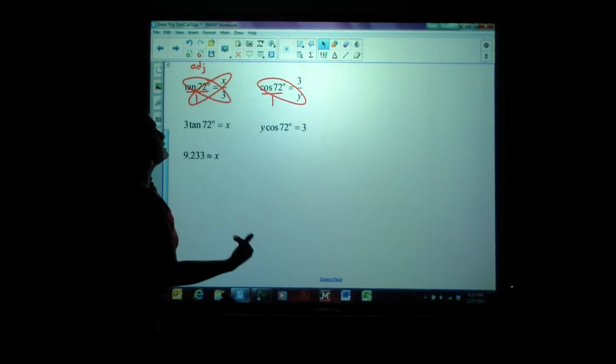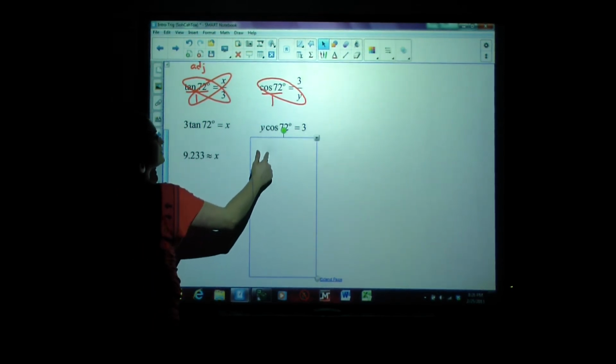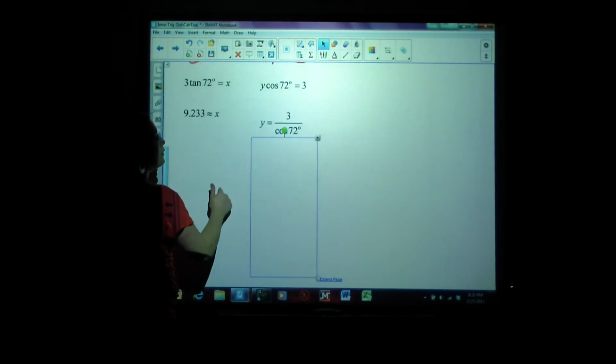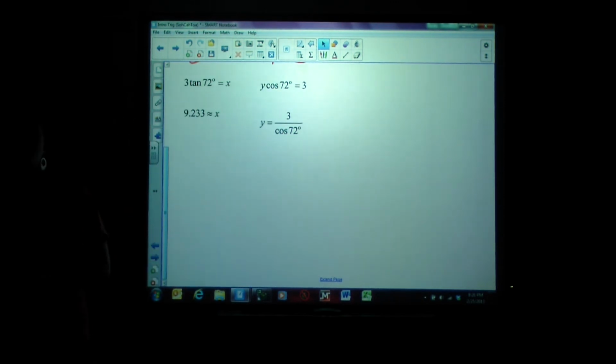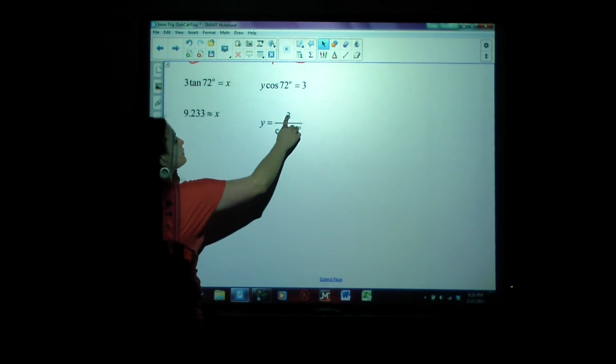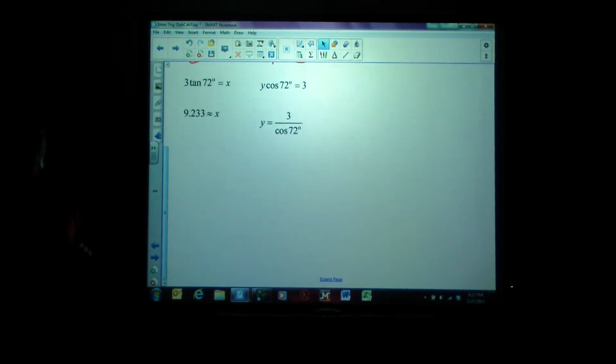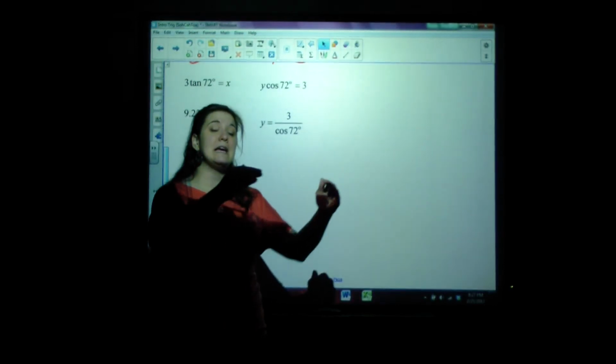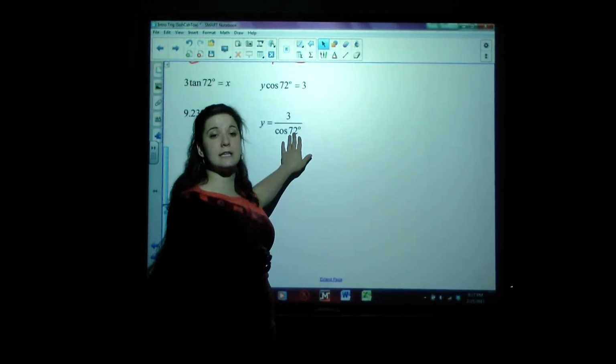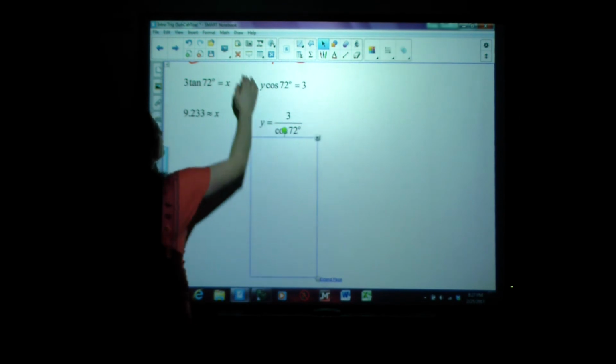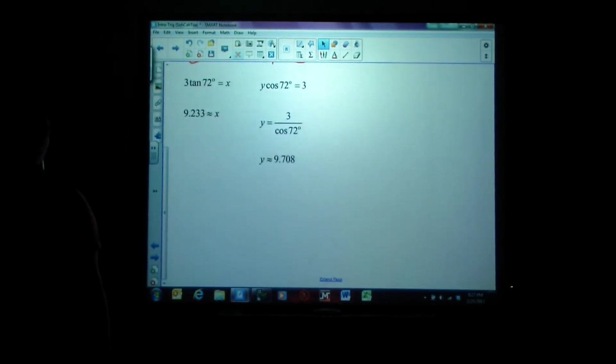To undo that, we need to divide both sides by the cosine of 72, which is going to end up with us being left with the equation y equals 3 over the cosine of 72. Now we have y by itself, and we have all this numerical stuff on the right-hand side. We get to just type this in our calculator. So if you take your calculator, making sure you're in degrees, and you take 3 divided by the cosine of 72, you should get approximately 9.708 with rounding.